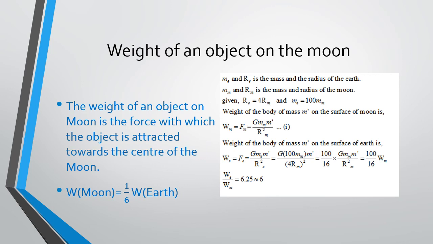That is G into 100 M m into M dash divided by 4 R m the whole square. Therefore, finally we are getting 100 divided by 16 W m. That is approximately 6.25, so we can take it as 6. Therefore, weight on the moon will be equal to 1/6 of weight on earth.